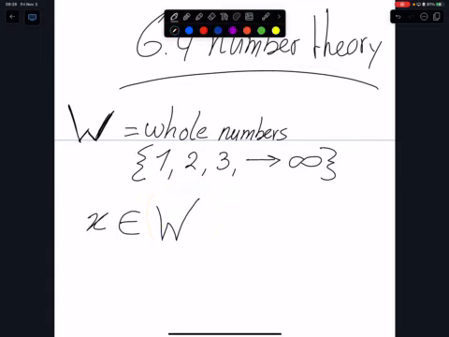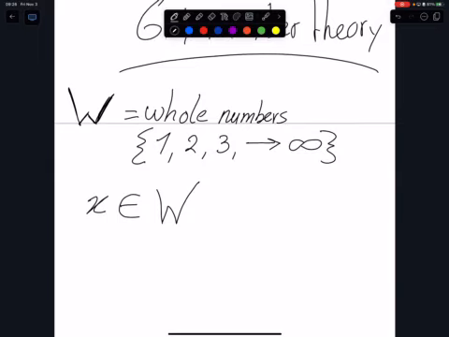So they're going to start using symbols and stop using words. Give your answer as an element of the whole numbers. So your answer cannot be a fraction.